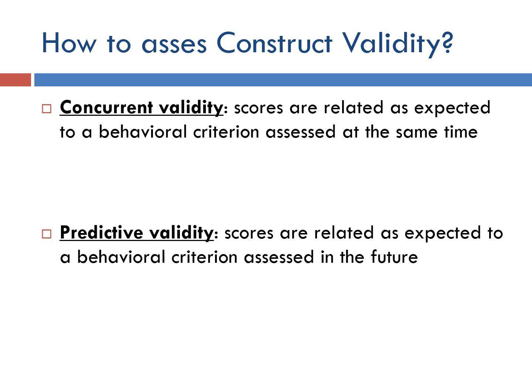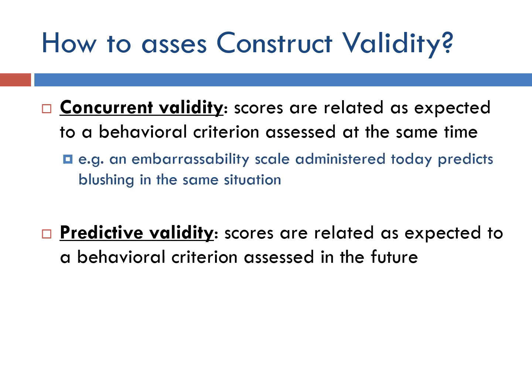The last two ways of assessing construct validity are concurrent validity and predictive validity. A concurrent validity is kind of like a criterion validity, except it happens in the same moment. So with the embarrassment example, if a person scores high on an embarrassment scale, we would also expect that at that exact moment, they are also enacting a behavior that is linked to embarrassment. So here, blushing.